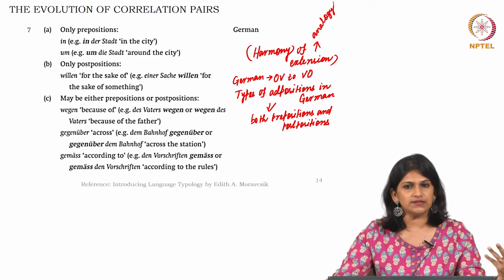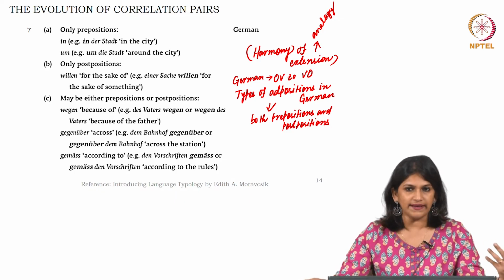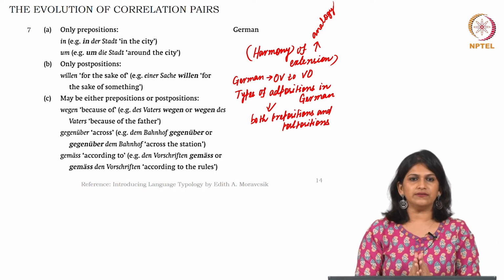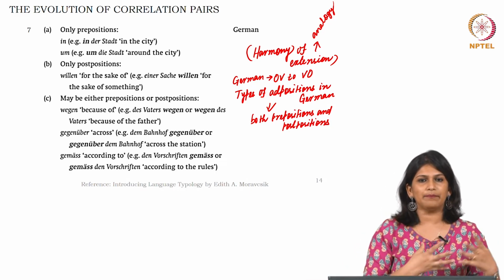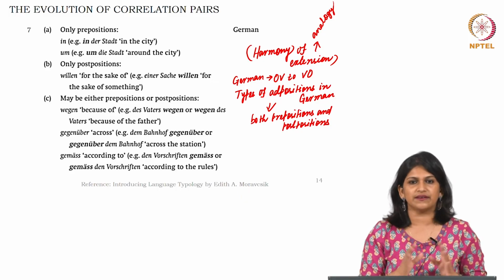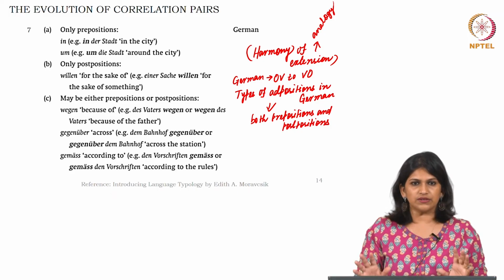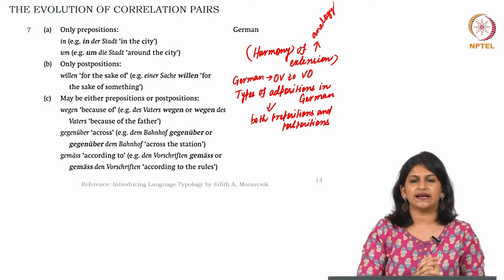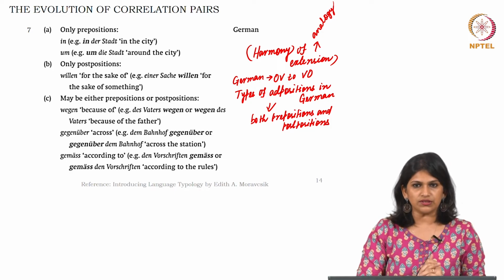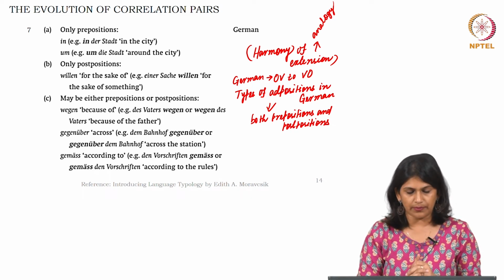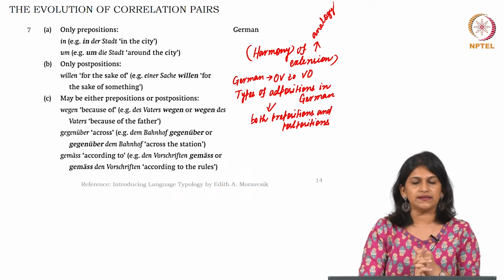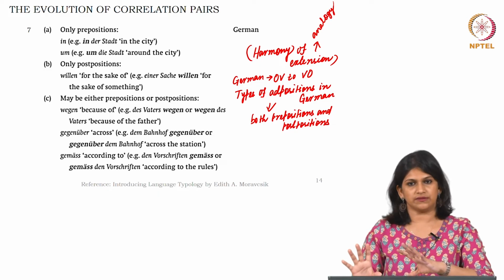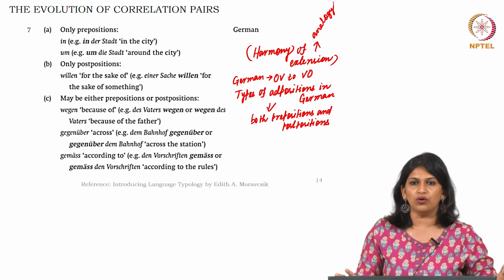Since pronouns generally lag behind in change, this shows that the postpositional order is actually older, because in most cases pronominals show the postpositional use, and pronominals are considered to be the older form.